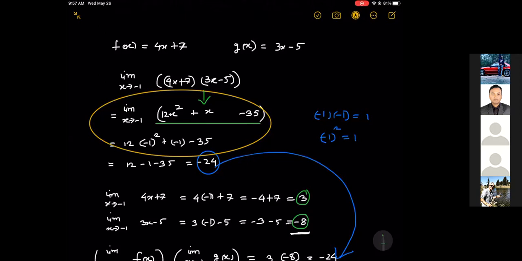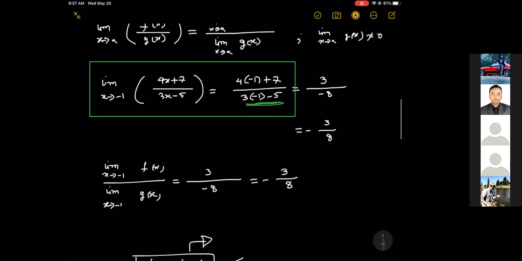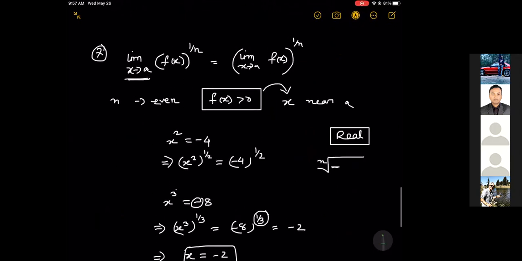Okay, so 2.3 says when you're calculating the right-sided limit, it's basically two parts of this root law, what we have already seen in number 7.